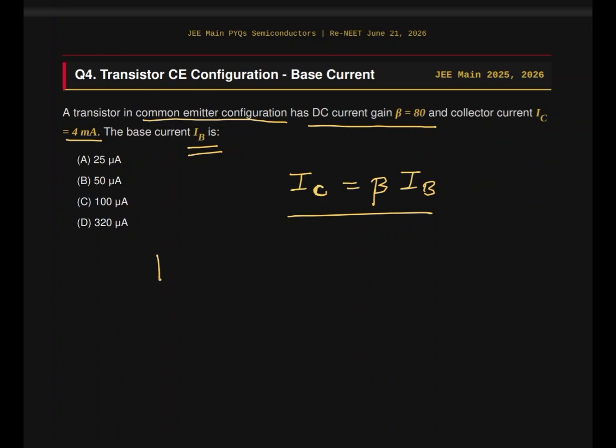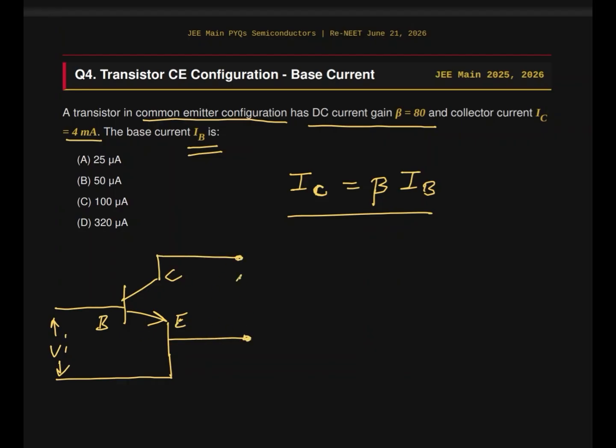Common emitter is this, right? This is the emitter and this is the base and collector. We have the emitter as common. So we will be taking input as base-emitter here. This will be input. We will be taking output here as collector. This is the common emitter configuration. This is our emitter current. This is the base current. This is the collector current, right?